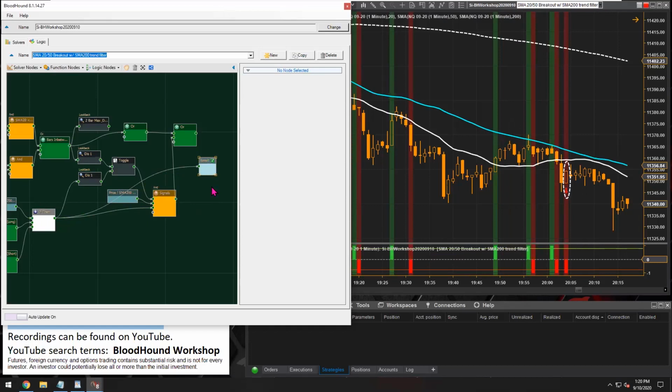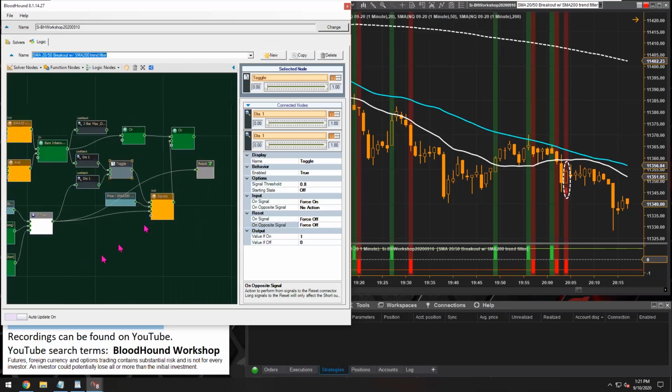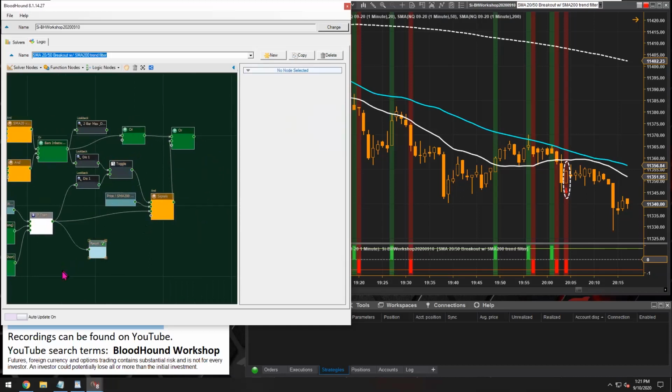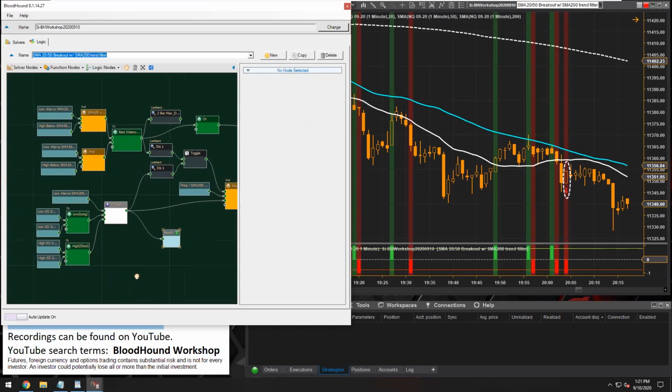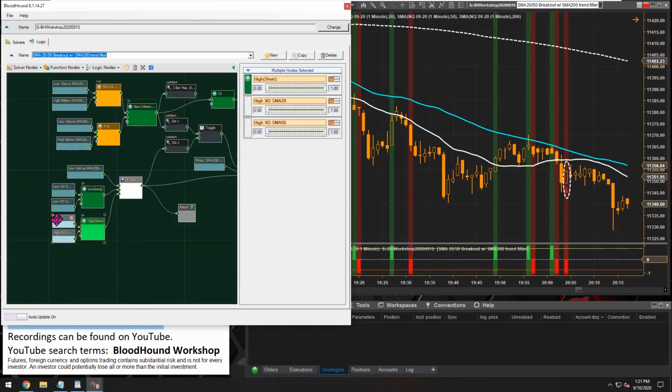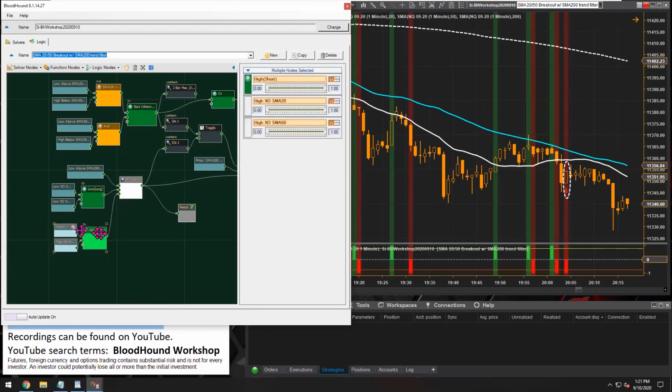All right, so I'm just analyzing what I'm seeing here. Okay, I think I understand what's going on here. We know that with the if-then node, only the crossover signals using the high price are getting through.